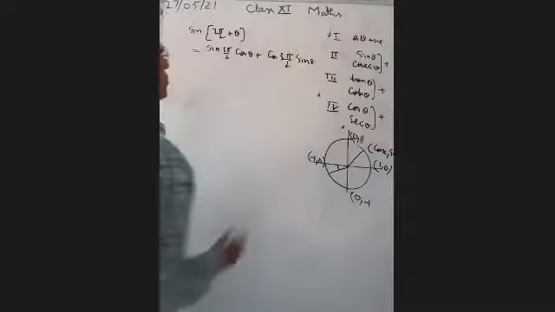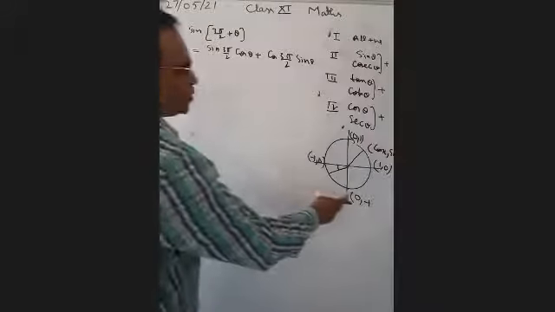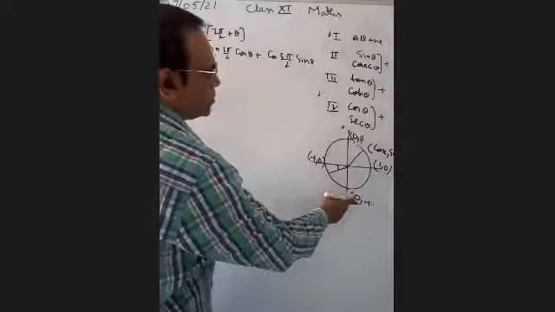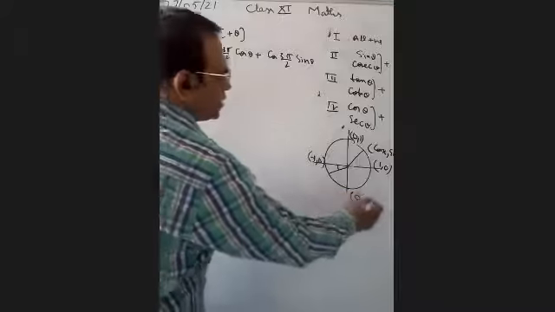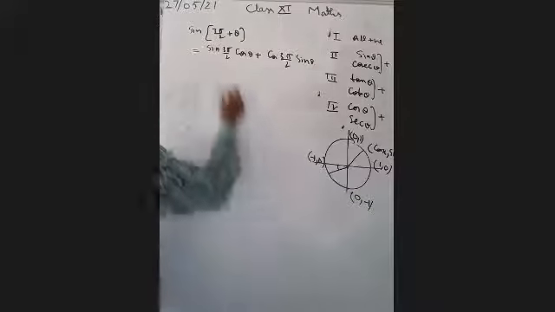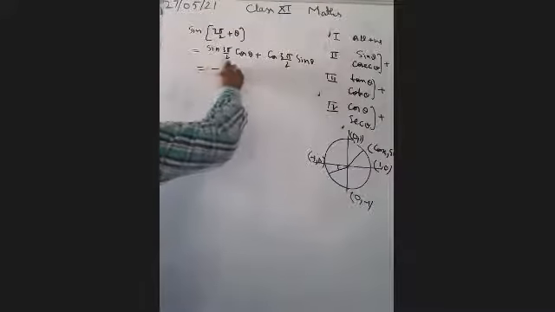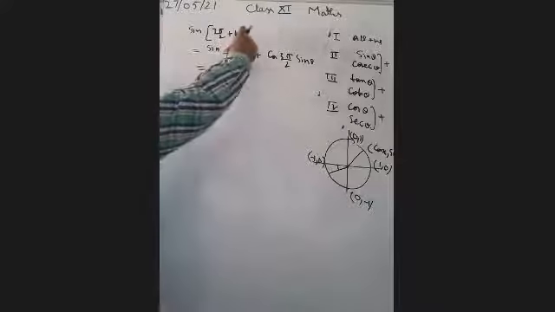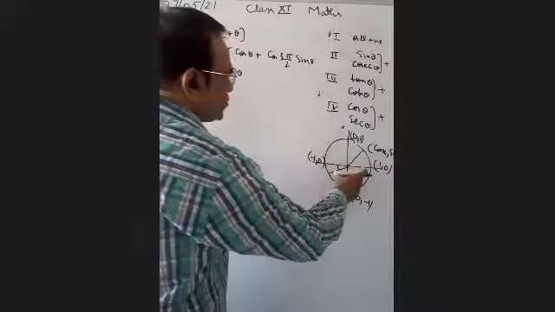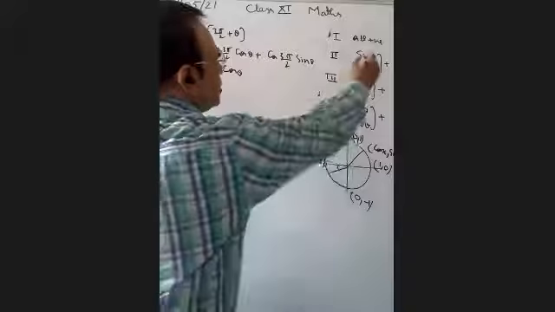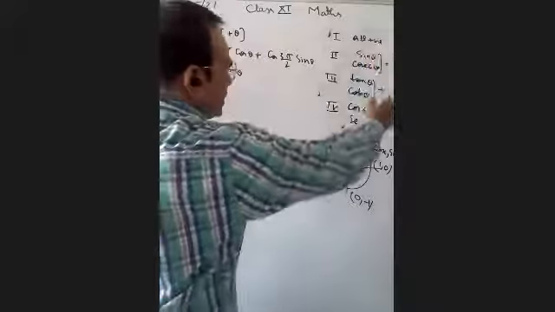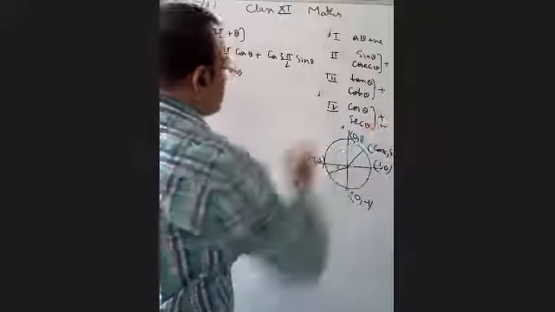The value of cos 3 pi by 2 will be 0. The value of sin 3 pi by 2 will be minus 1. So you are getting minus cos theta. Why is it coming minus? Because it is now in the fourth quadrant. In the fourth quadrant, the sine function will be negative. Cos or sec will be positive.